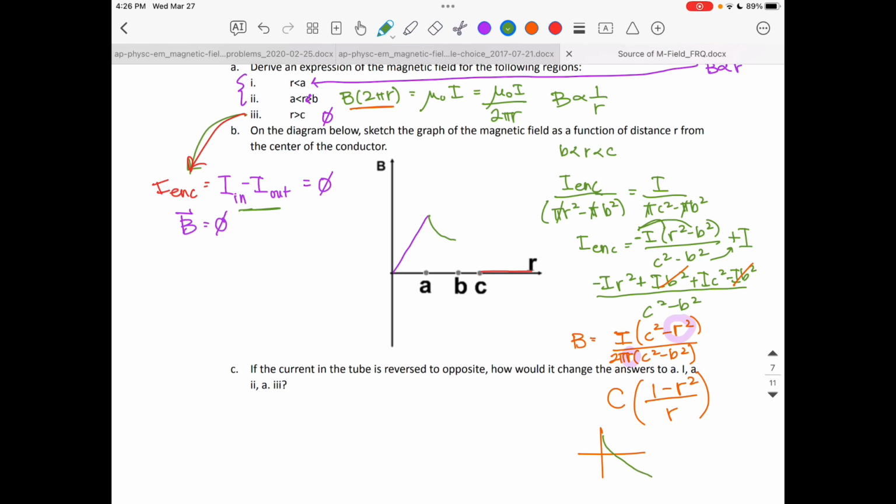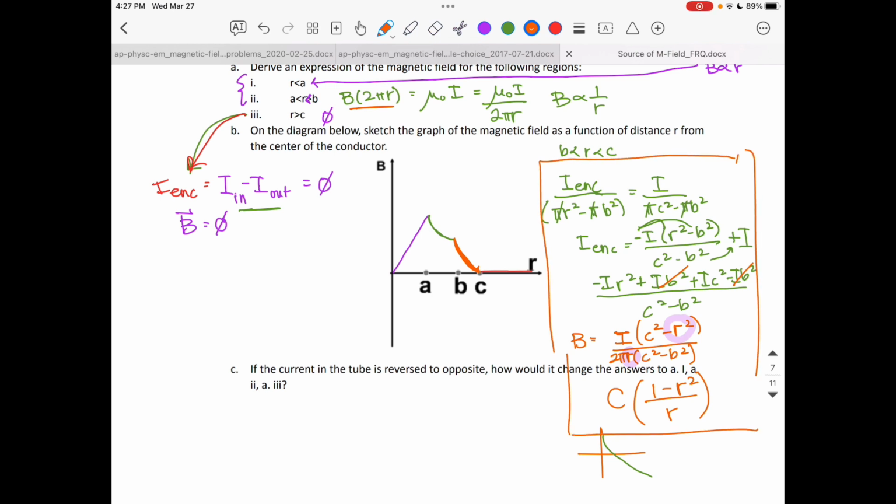So it does take on a very similar shape as this exponentially decreasing function. It's a little bit sharper and it goes through the origin, which our 1 over r wouldn't do. But we do know that we end up at 0 at c. So I'm just going to create that shape, but then stop it at c. This should be more curved. And then go straight through 0 at c. So again, this work is unnecessary.